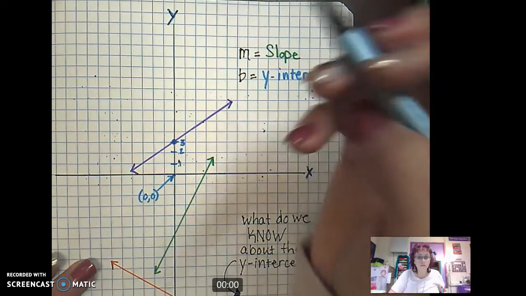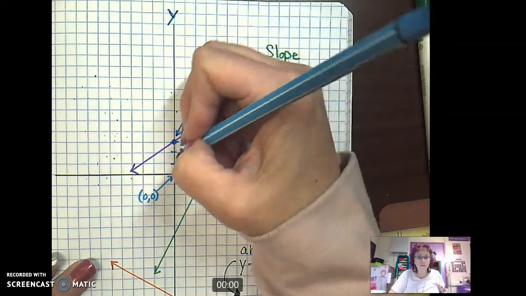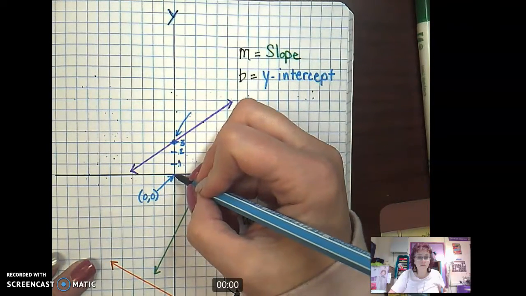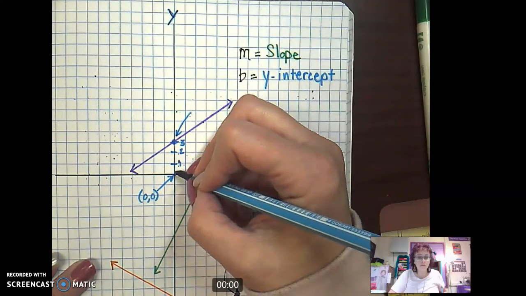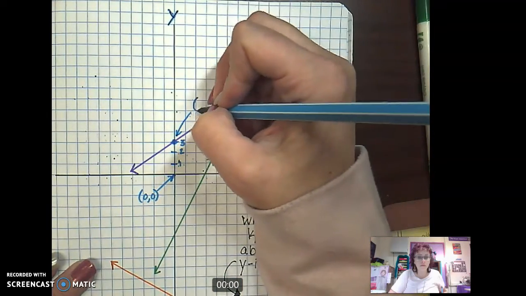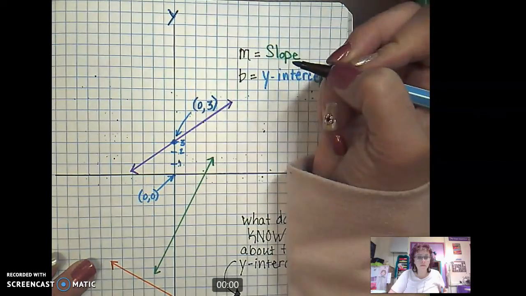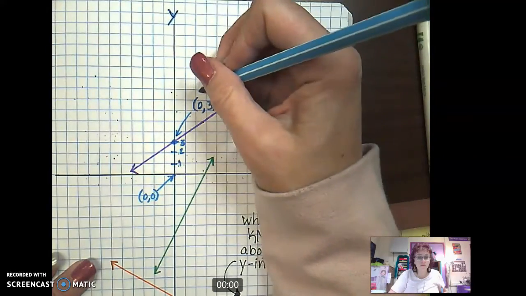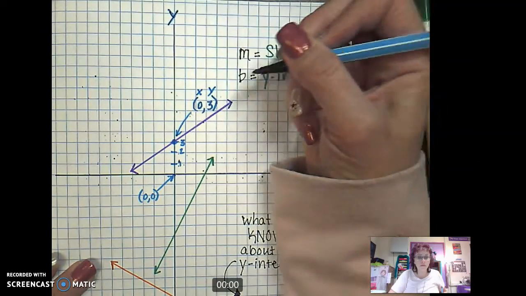And then if I look at what is the ordered pair for that? Well, let's see. If I was going to plot that point, it would be 0, because I don't move left or right, and I go up 3. So my ordered pair for the y-intercept is 0, 3. Notice 0 is the x value, 3 is the y value.